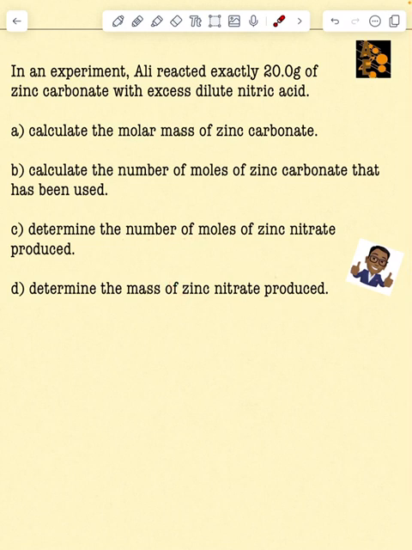All right, first let's do part A. We are required to find the molar mass of your zinc carbonate. First of course you must know the formula of zinc carbonate. From your periodic table, zinc is Zn 2 plus. Your carbonate is CO3 2 minus. This one you must memorize.